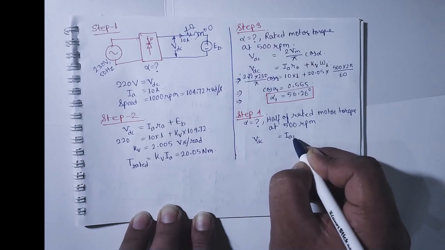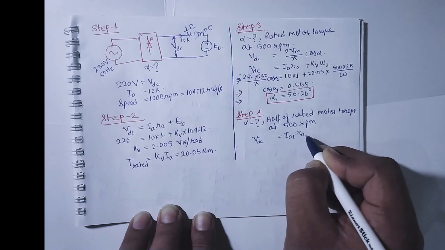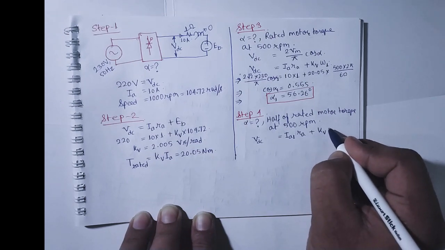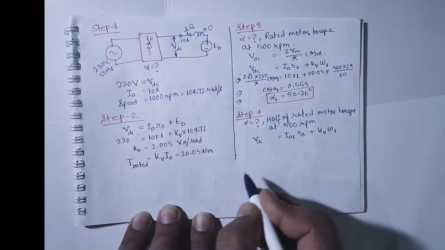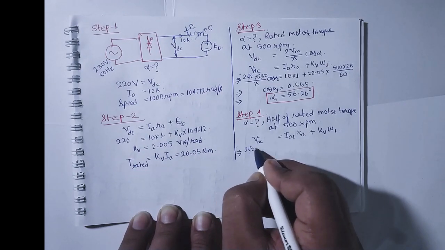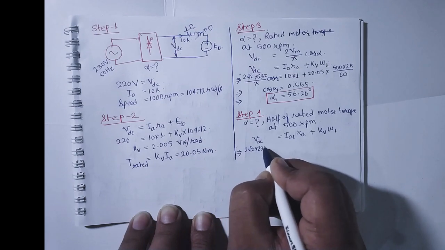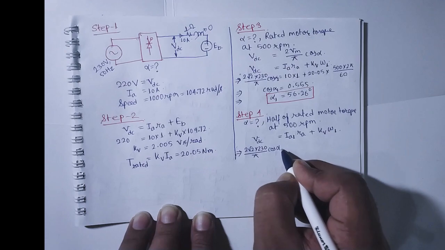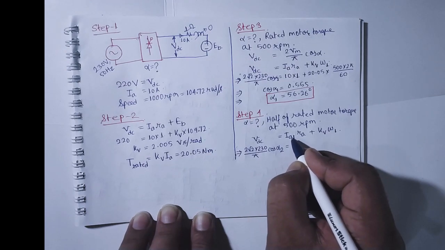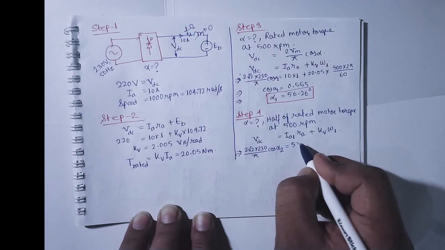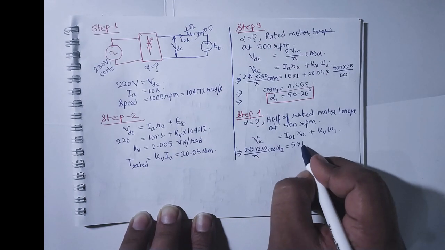So we will be applying the same formula over here, that is VDC equals Ia1 Ra plus kV into omega 1. So this VDC is 2 root 2 into 230 by pi cos alpha 2. Ia is half of the rated current, that is 5, into Ra, and Ra is 1.